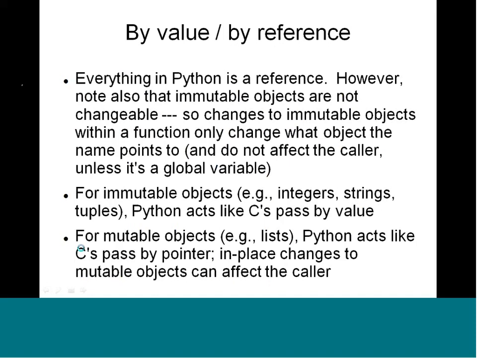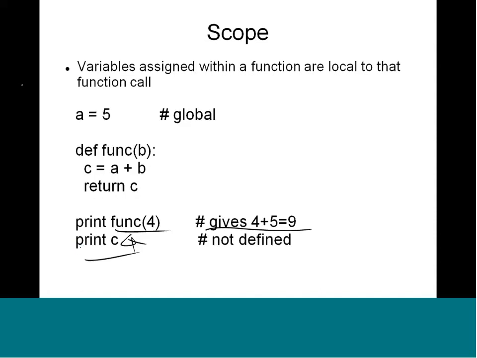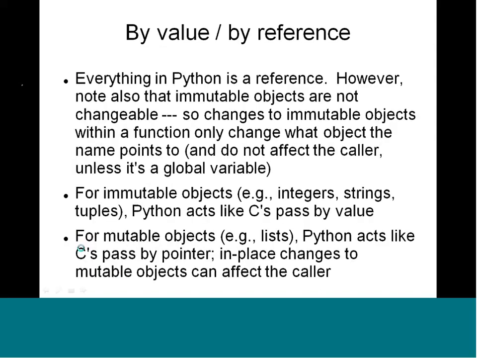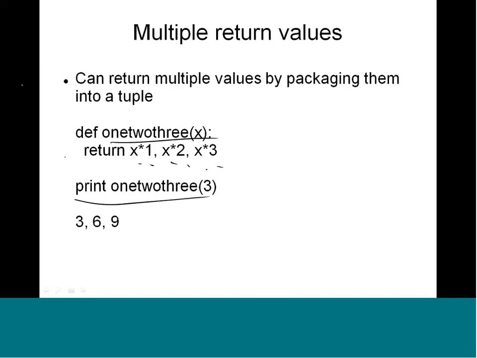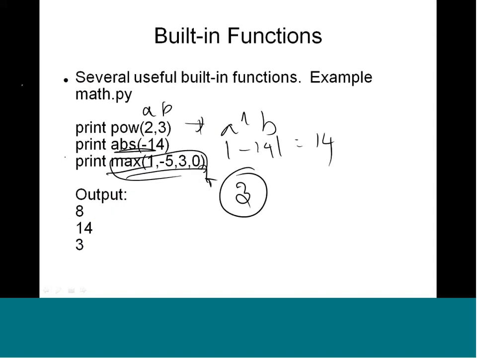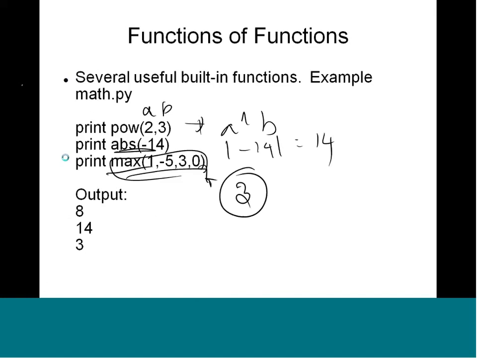And then we went into these values, the various scope examples. And then we talked about how the reference works in Python, and then we saw some examples. How do we use multiple values from functions, etc.